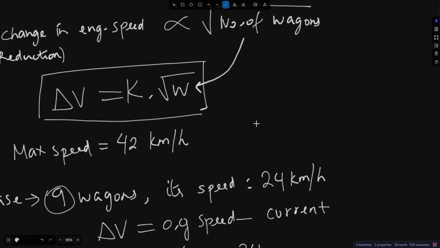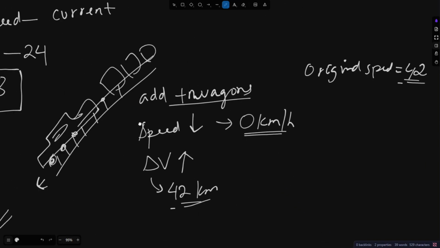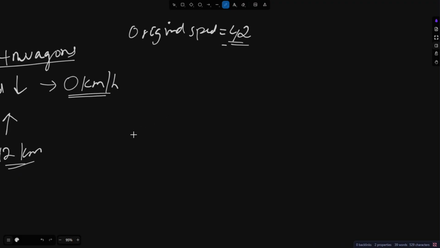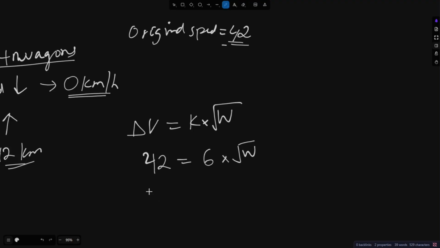So let's look at this formula again and find our value for W. Delta V equals K times the square root of W. Delta V is 42 and K is 6. Let's switch up the places. 42 divided by 6 gives us 7.